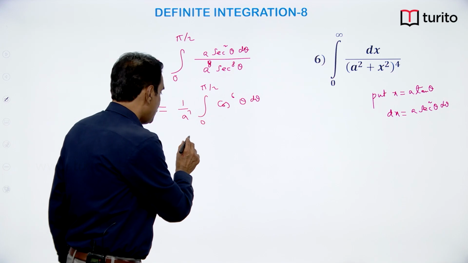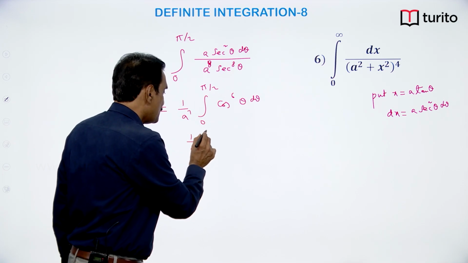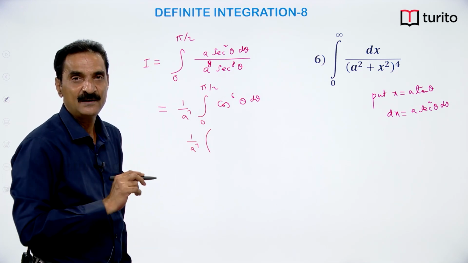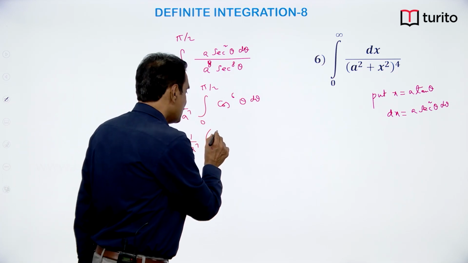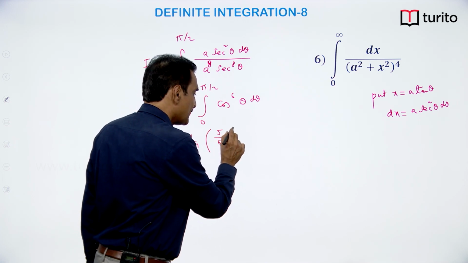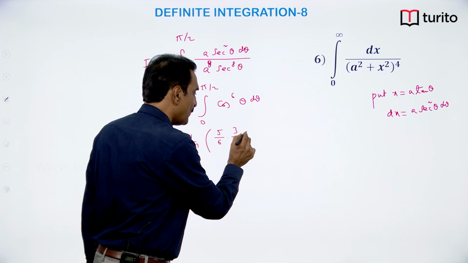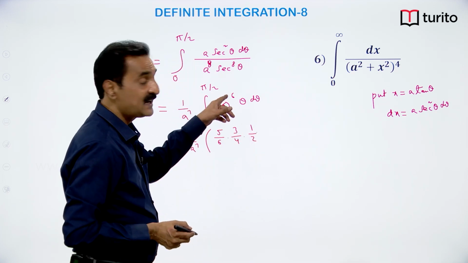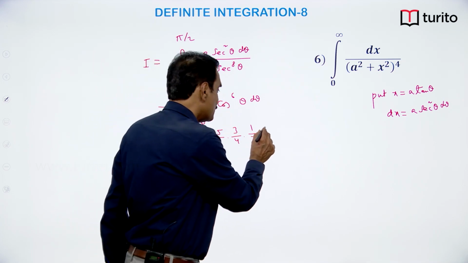How to calculate I6? By reduction formula or Wallis formula, it becomes 5 by 6 into, subtracting 2 from numerator and 2 from denominator, 3 by 4 into, again repeating, 1 by 2 into I0. I0 is pi by 2.